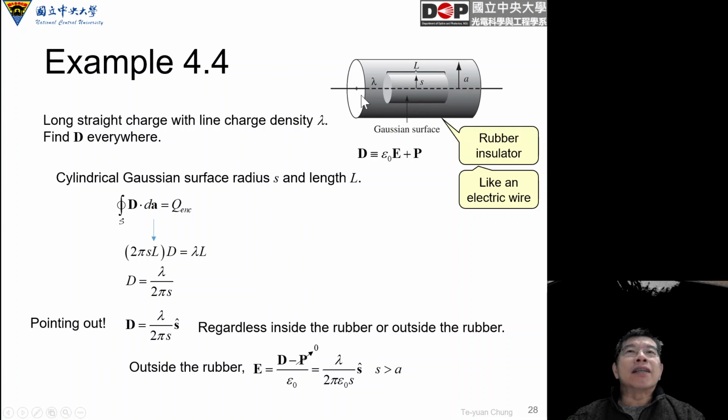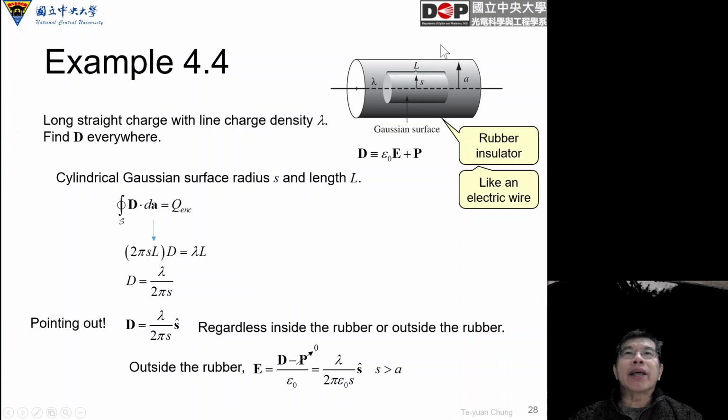But here we have a different situation, because this line charge is enclosed in a rubber insulator. It is just like an electric wire, with some rubber covering the wire.